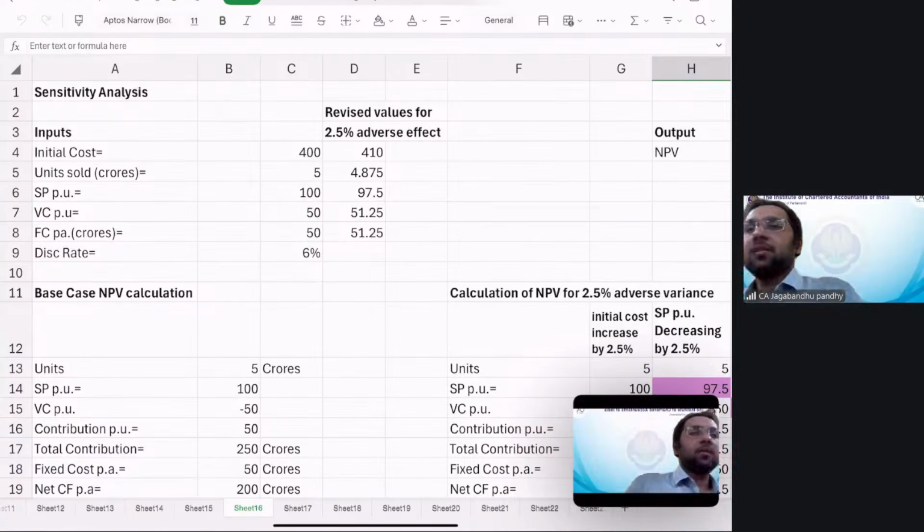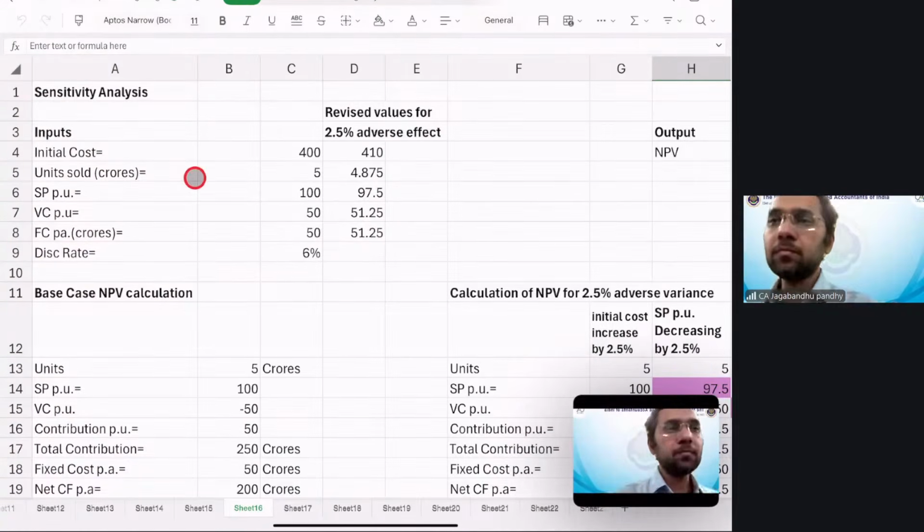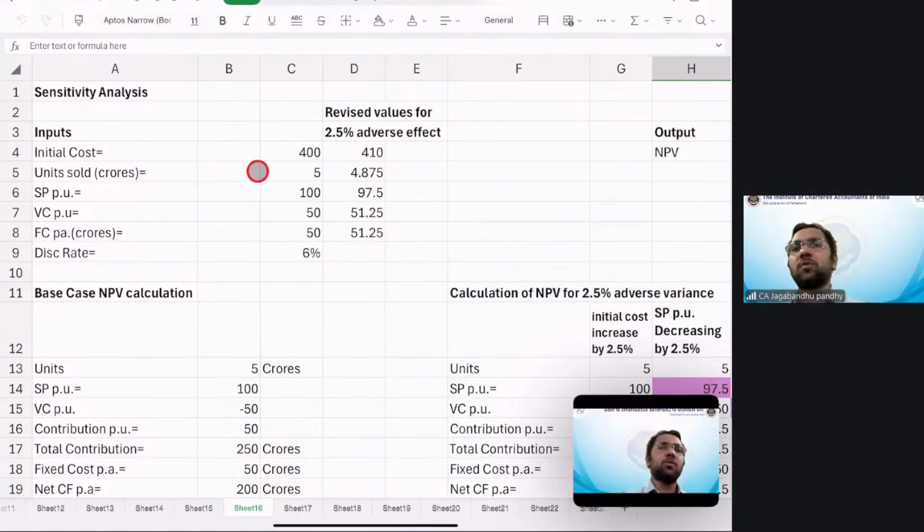So for a small change in the input, which is input cost, initial cost, or units, or selling price, or variable cost, or fixed cost, what is going to be the impact on the NPV? So that's what we want to compute.